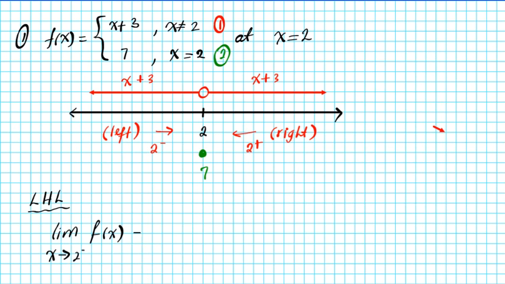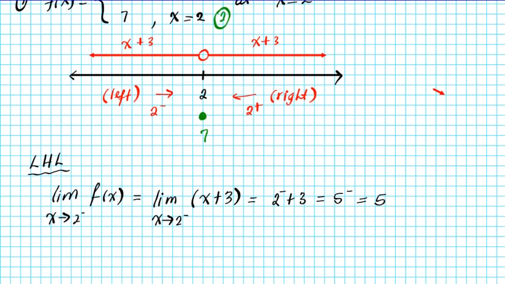So this problem basically becomes the limit as x approaches 2 from the left of the quantity x plus 3. Since this is a finite limit, we're going to substitute first to see what happens. When we substitute, we have 2 from the left plus 3. This is equal to 5 from the left, and this number is approaching 5. So this is your left-hand limit.